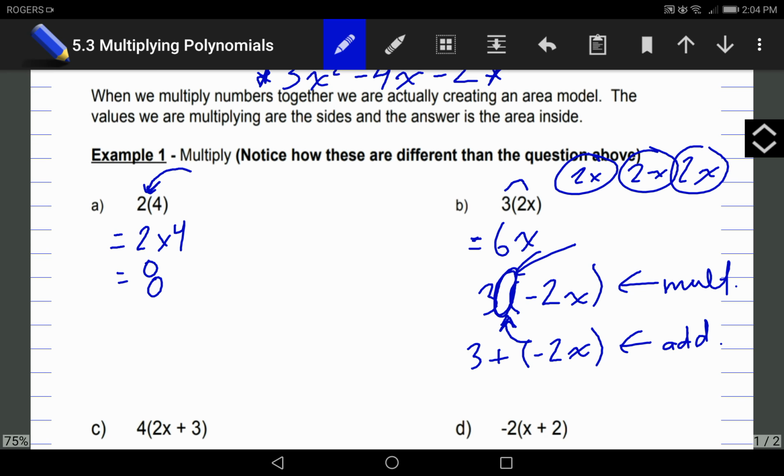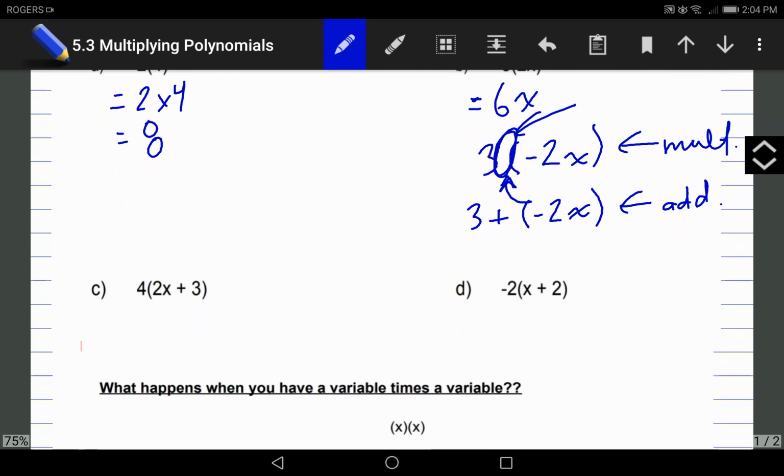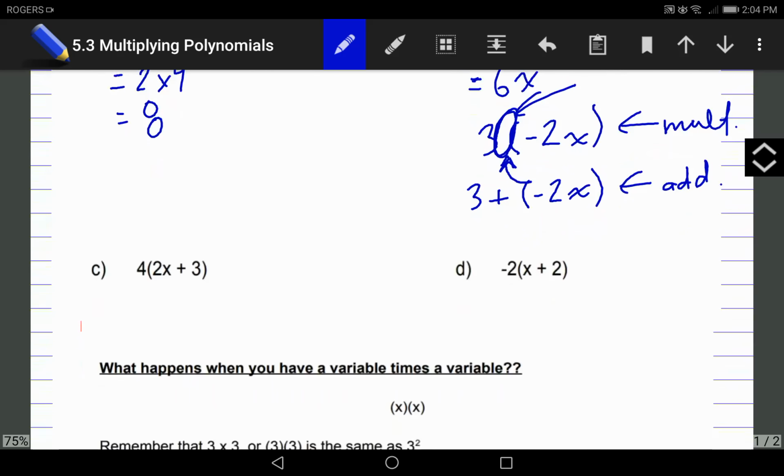All right, so we know how to multiply something like a constant, like a 3 multiplied by a term with an x, like 2x. Now let's expand on that a little bit, and let's get a little bit more involved.